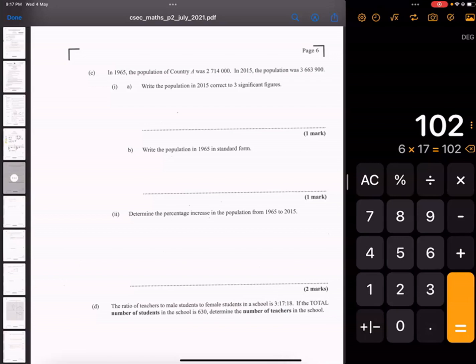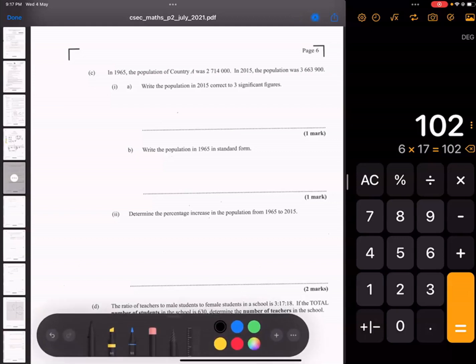Our first task is to write the population in 2015 corrected to 3 significant figures. So first we need to identify which population is in 2015, which is the 3,663,900, and we're going to correct that to 3 significant figures.